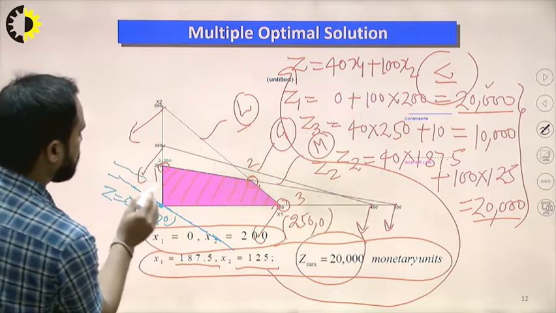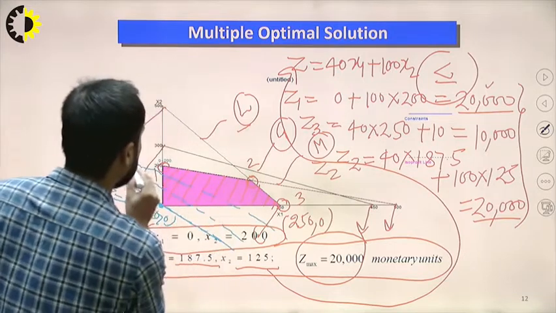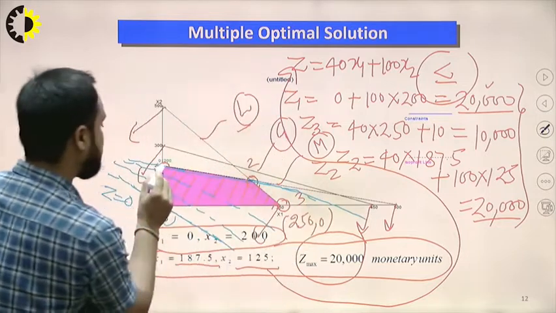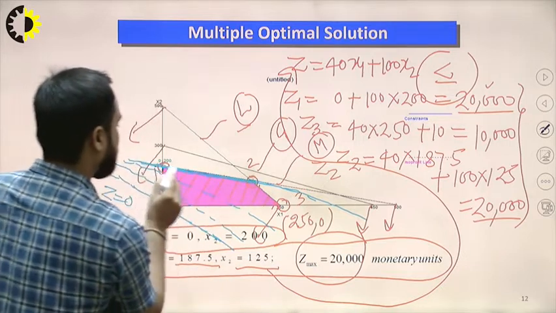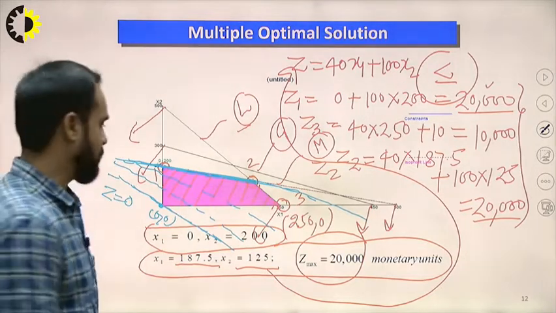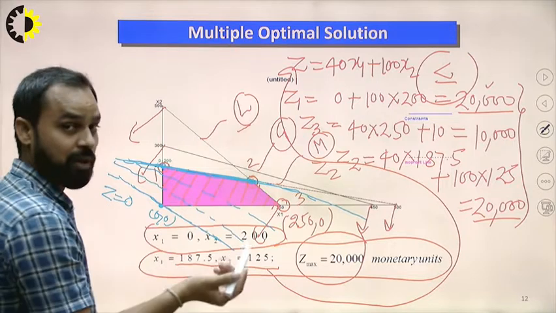Now the direction of increase of the objective function line is this way, and it will coincide with this line. Now we can see the objective function line is coinciding with the binding constraint, and the solution lies over this line at more than one corner point.